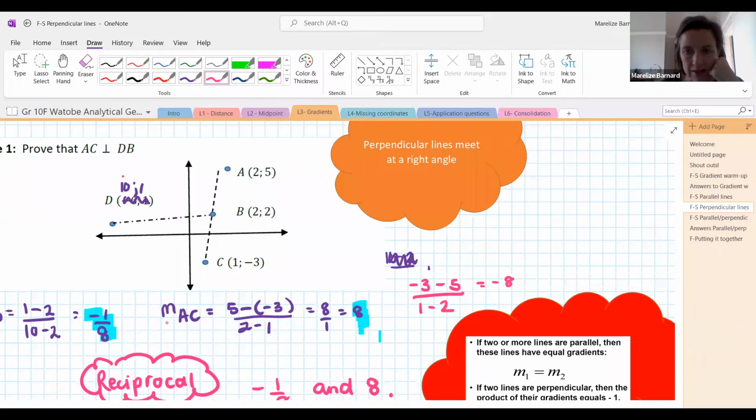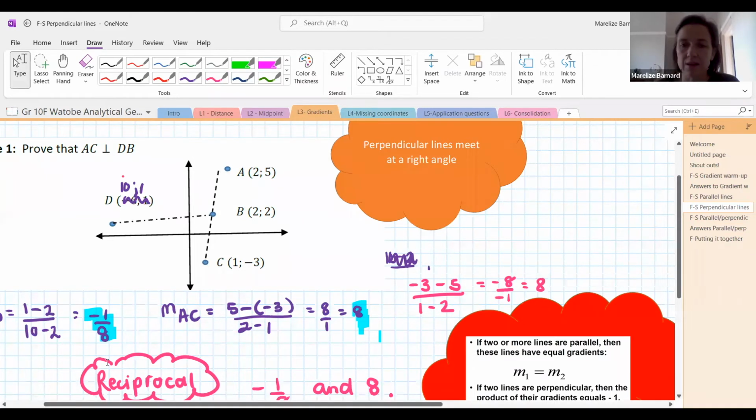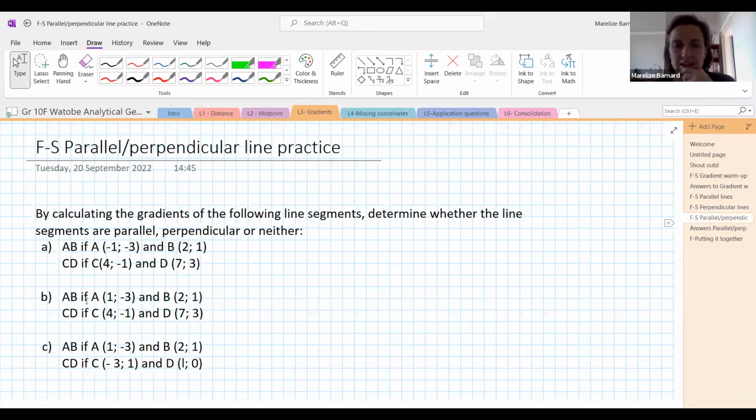That gives you -8 at the top and -1 at the bottom, and that's going to simplify to 8. So I think you just made a mistake somewhere with forgetting to divide the minuses. Okay, good. Right. Let's carry on.